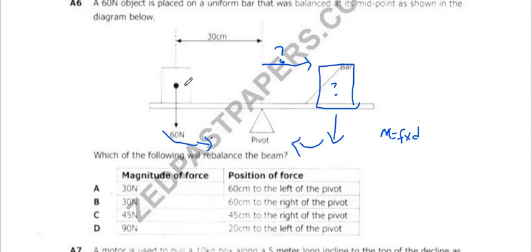So moment 1 should be equal to moment 2. Force 1 multiplied by distance 1 should be equal to force 2 multiplied by distance 2. What do we have as force 1? Force 1 is 60 multiplied by 30, and this should be equal to force 2 multiplied by distance 2, right?